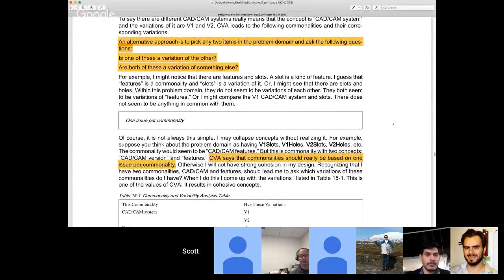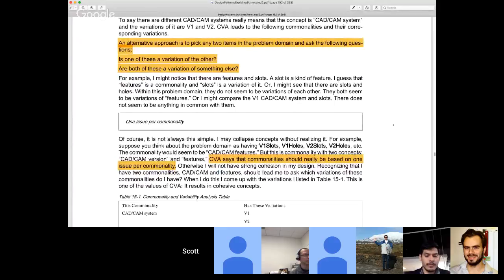The alternative approach is to pick any two items in the problem domain and see if they relate to each other by either one of them being a variation of the other, or both of them being a variation of something else.